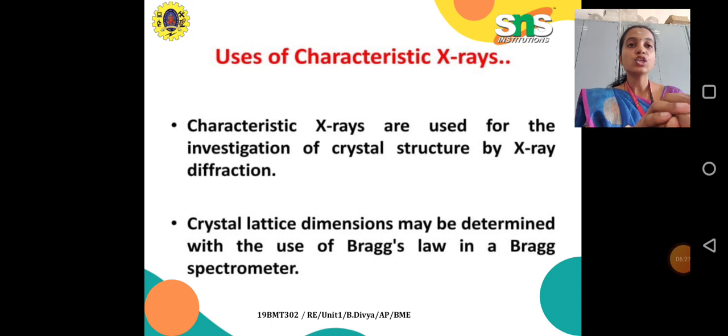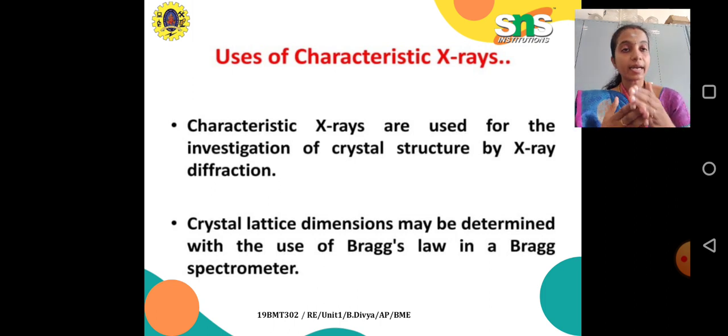Here are the uses of characteristic X-rays. Characteristic X-rays are used for the investigation of crystal structures by X-ray diffraction. Using X-ray diffraction, the characteristic X-rays can identify the crystal structures.